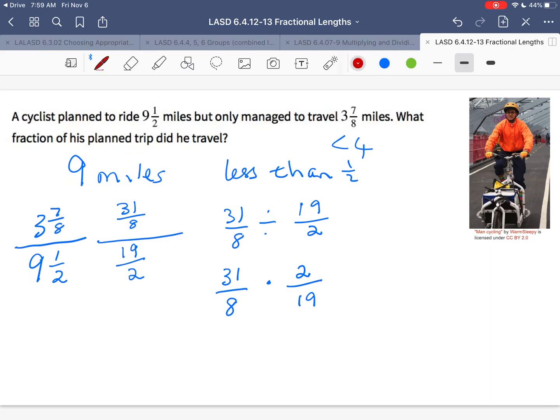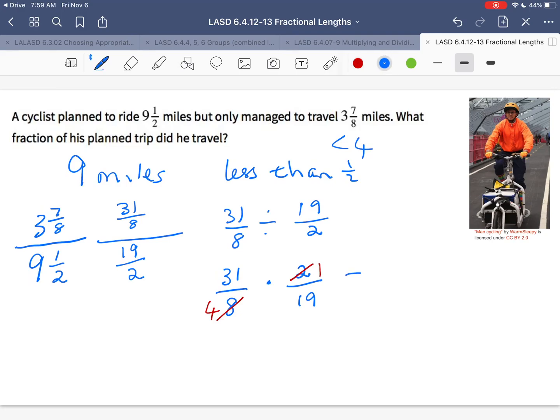So I'm going to divide 2 and 8 above and below the line by the same factor, and the greatest common factor is 2. So 2 divided by 2 is 1, and 8 divided by 2 is 4.